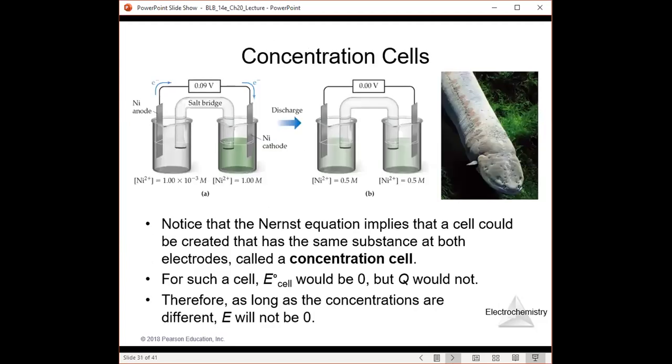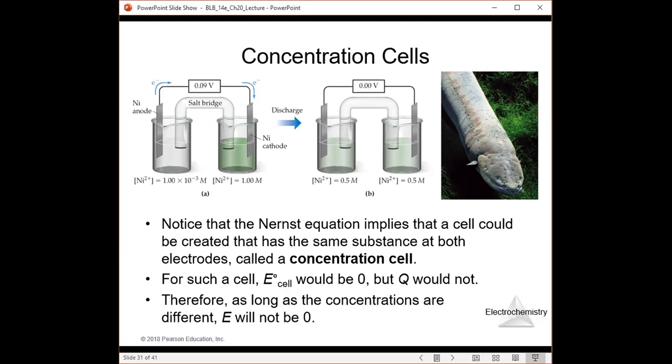Now, with this, the Nernst equation, you can have what we call concentration cells. Now, what do you mean? Basically that a cell can be created with the same solution, the same substance at both electrodes.